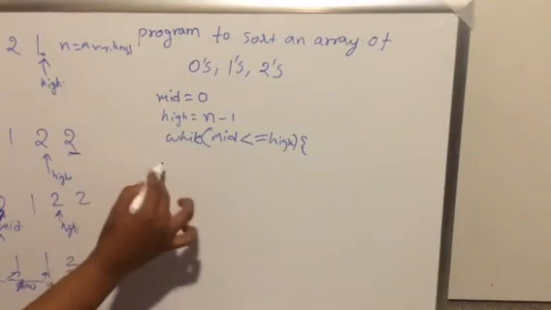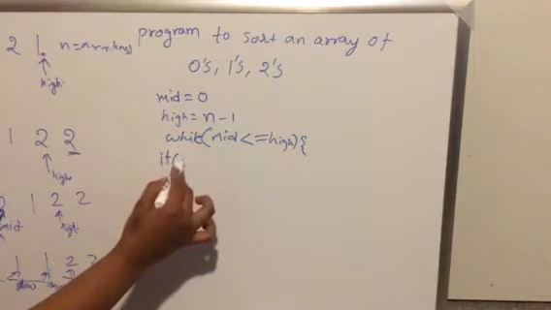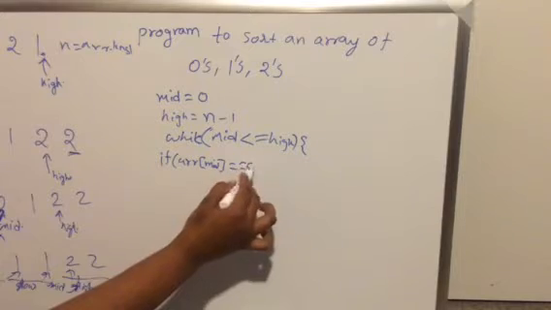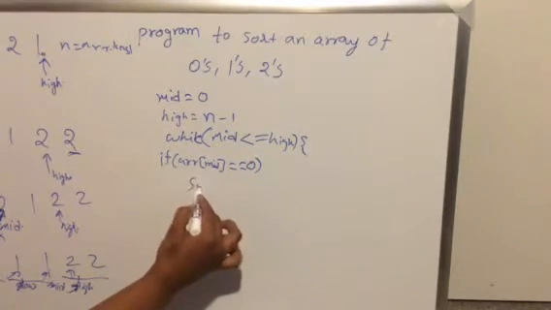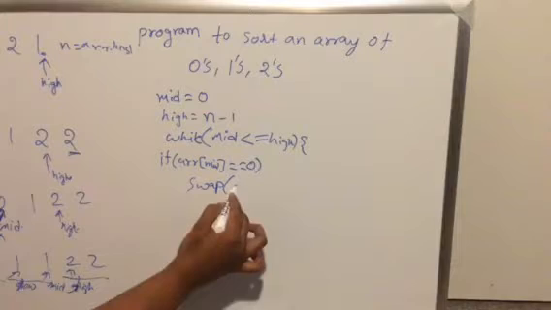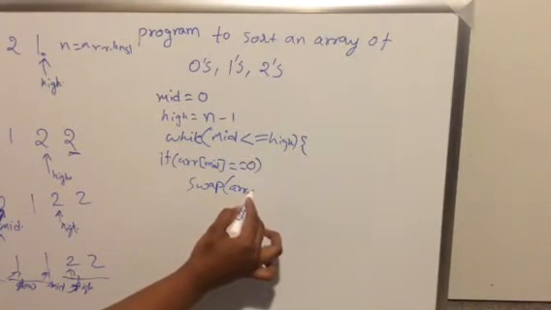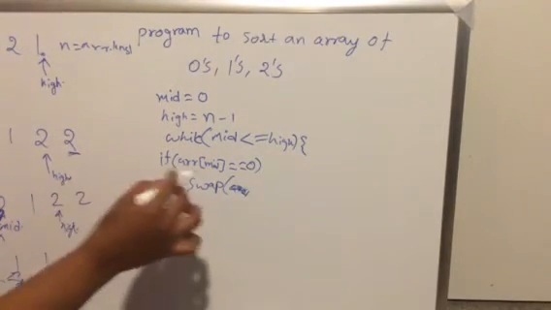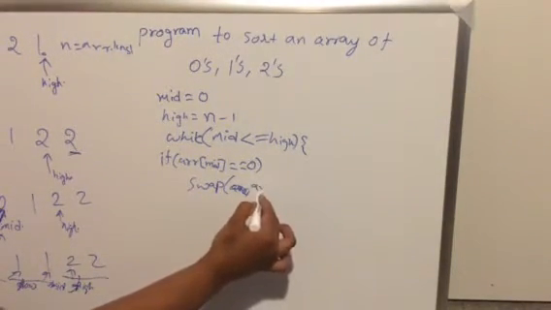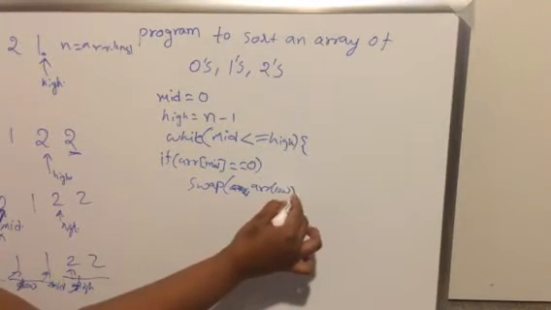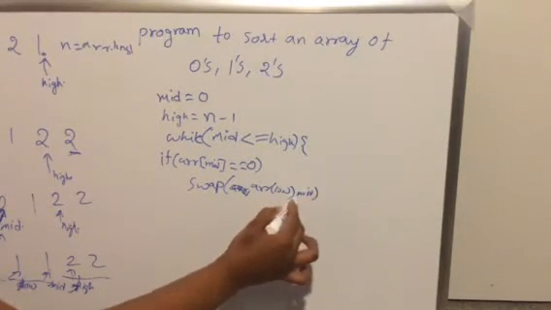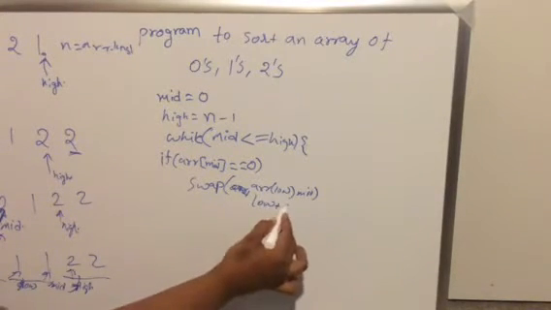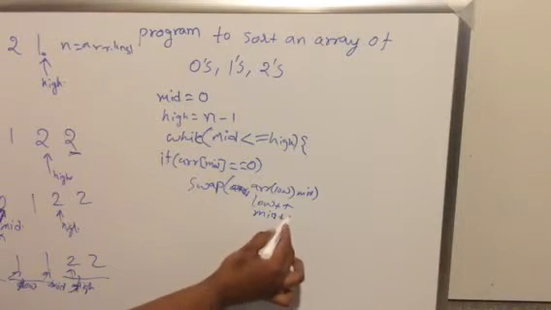If array of mid is equal to 0, swap array of low and mid, and increase low plus plus, mid plus plus.